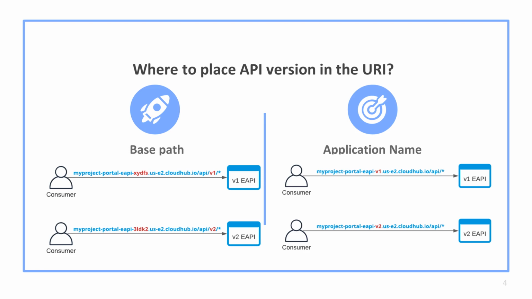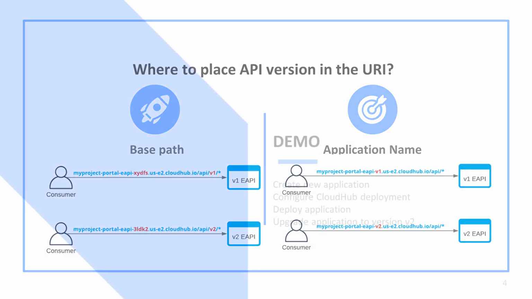So it's /API/something. The second version is the same, so /API/something. It means that our HTTP listener configuration does not contain any reference to version at all. We configure the version by changing the application name. We can achieve it easily by configuring the CloudHub deployment Maven plugin in our pom.xml file.